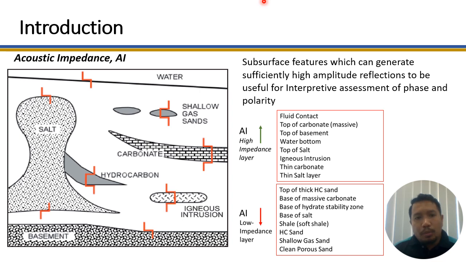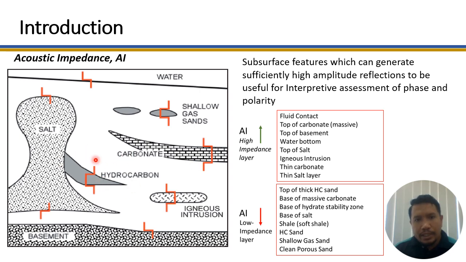And water bottom is a reflector, but is often unreliable because it's not a single interface. The water bottom is typically a gradual transition from water to the sediments, meaning from the liquid phase to the solid phase. This can cause the phase of the reflection from the water bottom to vary depending on the location.